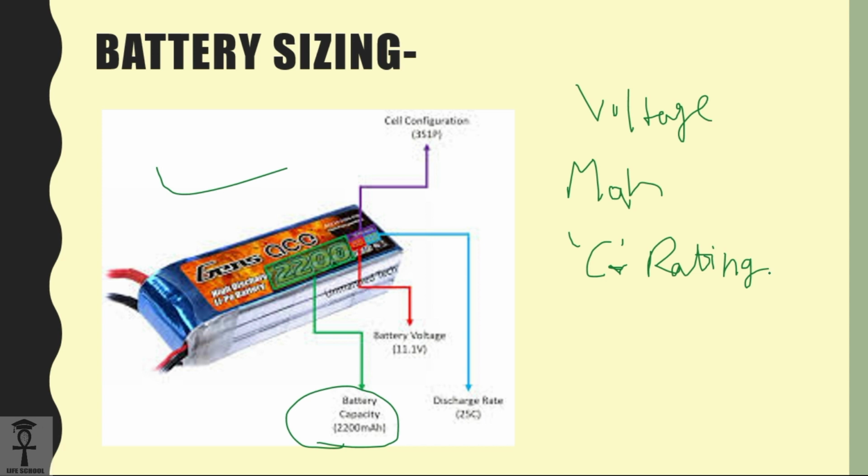So the voltage depends on the number of cells, that is a 3 cell, 2 cell, 4 cell, 5 cell, 6 cell battery. Then the mAh rating decides how much time you can use the battery at a particular current rate.